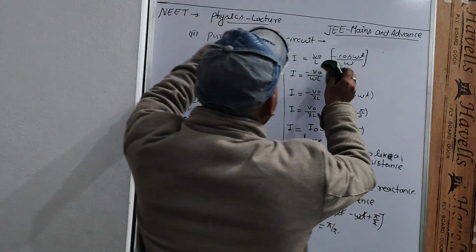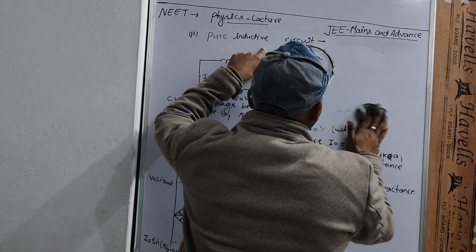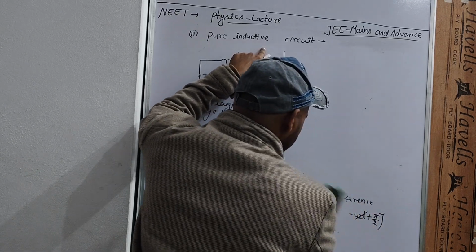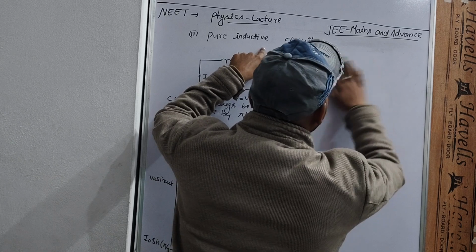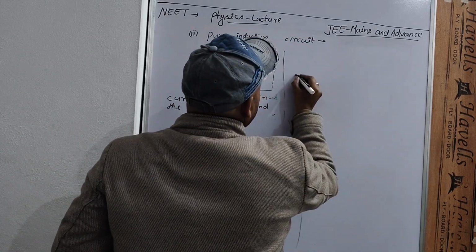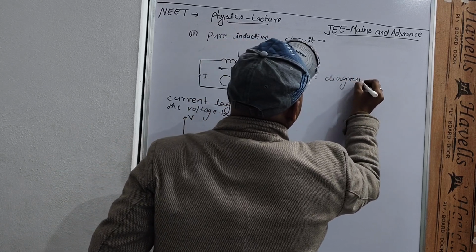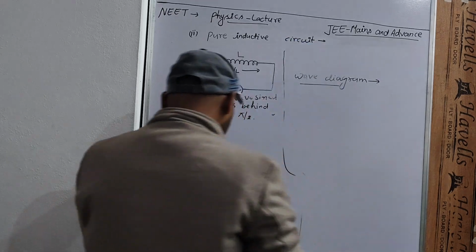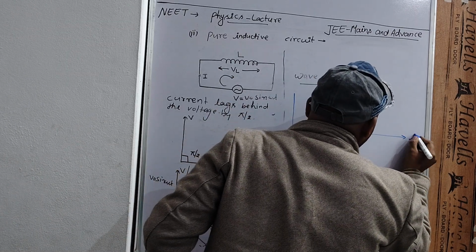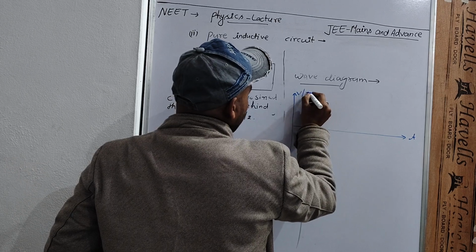Now we make the wave diagram. This axis shows the instantaneous value of voltage or current.